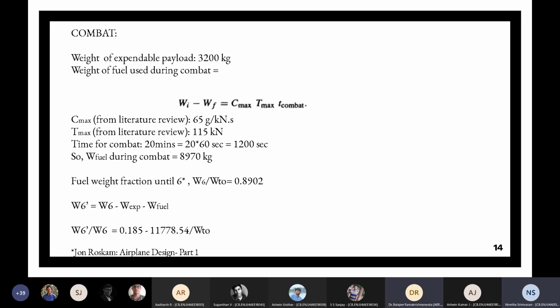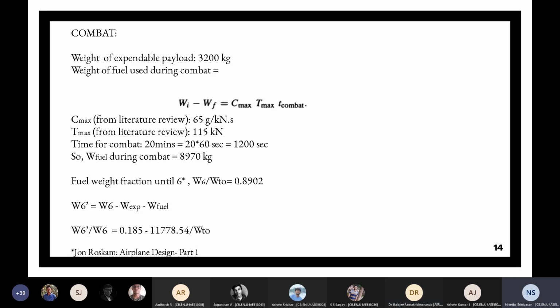Fantastic. It's a very good book. It has many parts, and part one was only for preliminary weight estimation. I just want to tell the whole class, you share with the class the link from which they can get it. Later, if someone wants, they can readily use it. So much data is given. Anyway, it's a very old book, but still very relevant. Okay, sir, thank you. Yeah, I'll share it with the class.